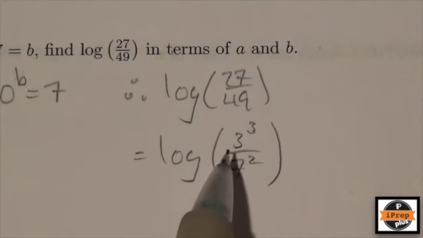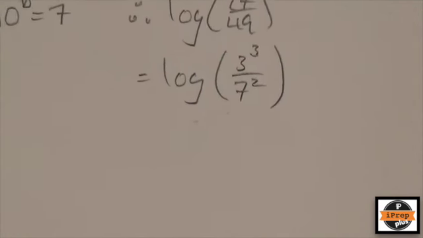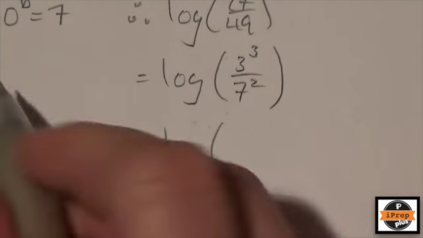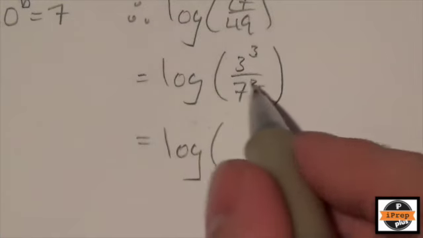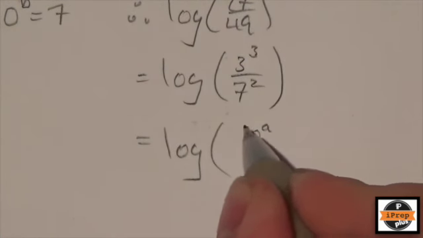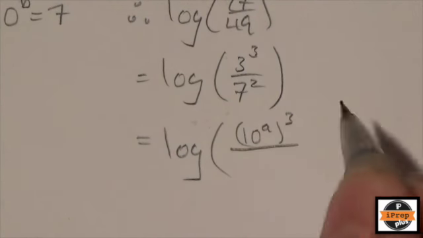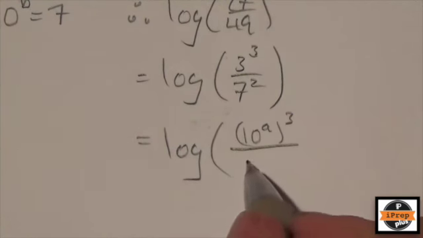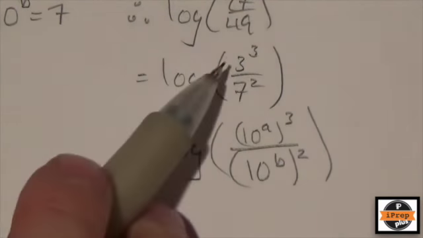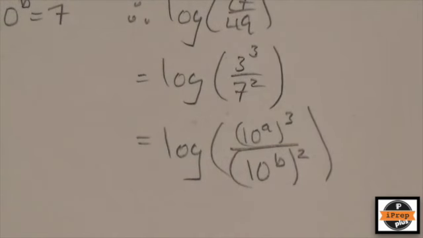So instead of 3 cubed, this will be 10 to the a cubed, and instead of 7 squared, I'll make this 10 to the b squared. It's just a substitution for 3 and 7 based on the information I was given at the beginning of the problem.